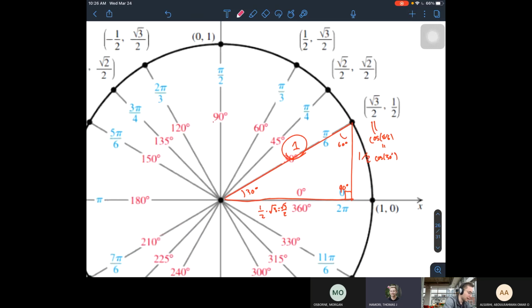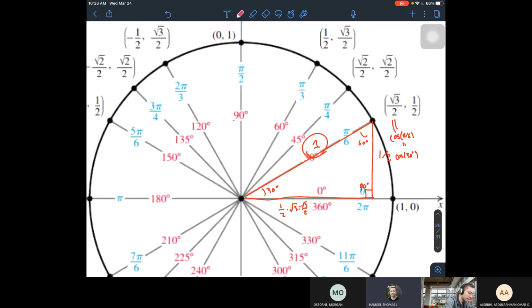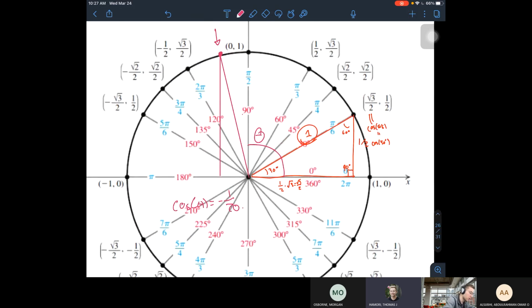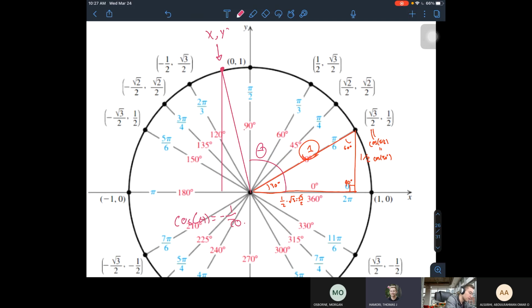For example, I can also ask you questions about the following. If I tell you that there's an angle here which goes to this point, which is not on this picture, and I tell you that this is the angle theta, and I tell you that cosine theta equals negative 1/20th, you need to be able to tell me what is this point, x comma y. And this picture will not help you with that problem. You see what I mean?